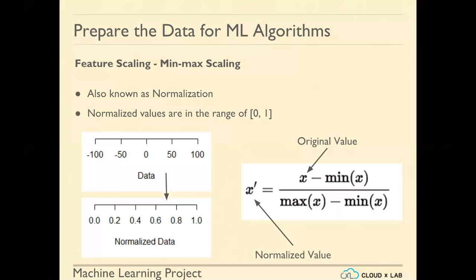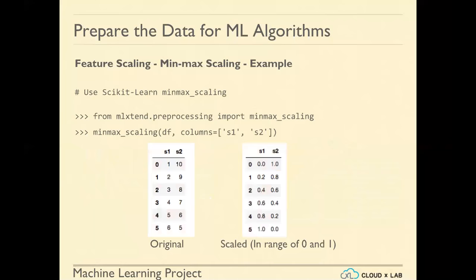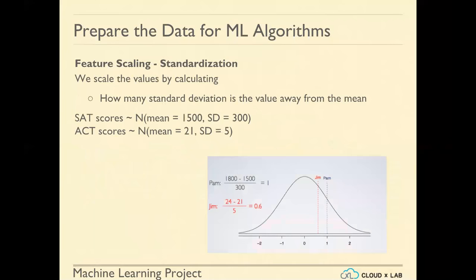So in this scaling step, you have two kinds of scaling. One is min-max or normalizing, and the second one is standardization. Here are the examples of min-max. The second way of scaling is standardization. Standardization is a more common way of converting marks into grades in school.